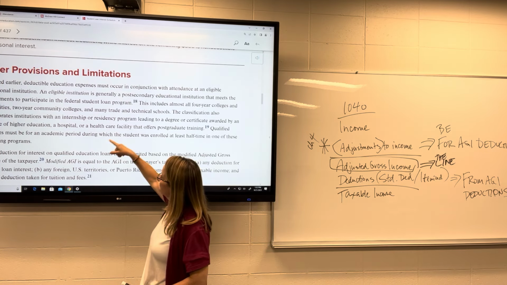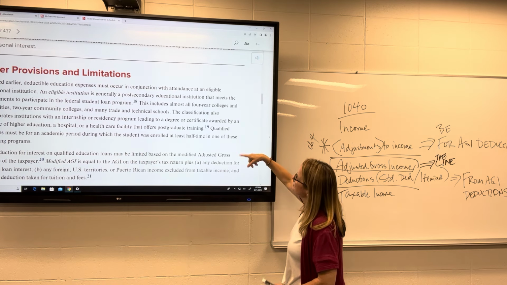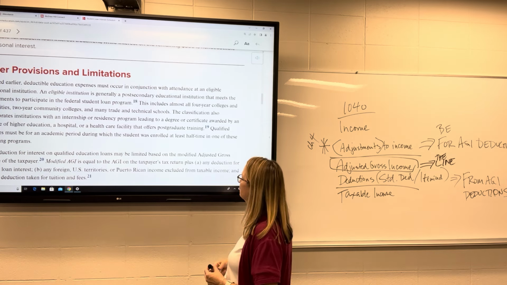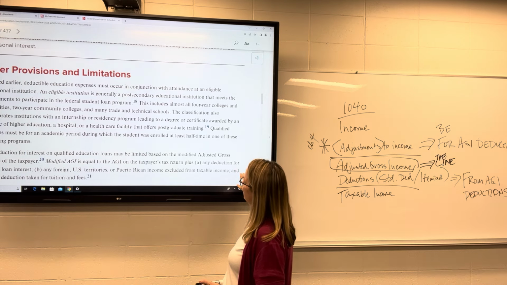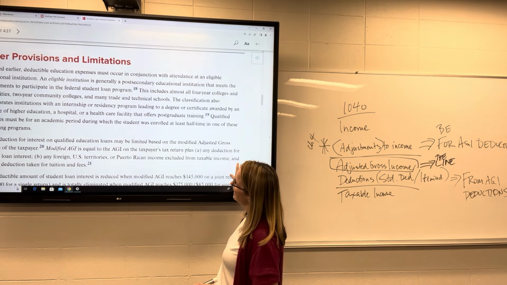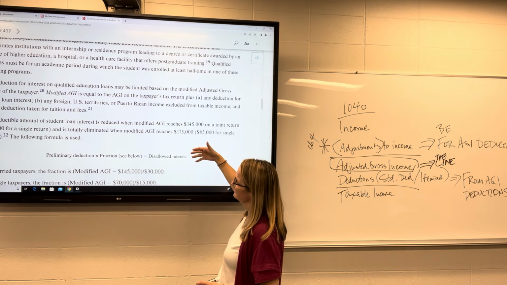These are also institutions with an internship or residency program leading to a degree or certificate awarded by an institute of higher education, hospital, or healthcare facility that offers postgraduate training. Again, the student has to be enrolled at least half-time during the time that they took out that loan.